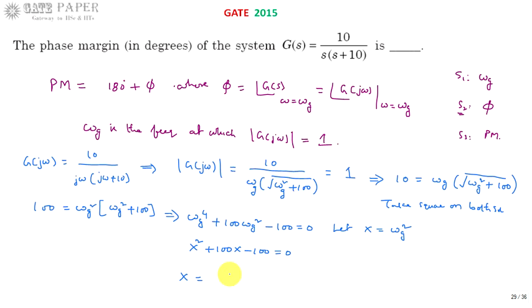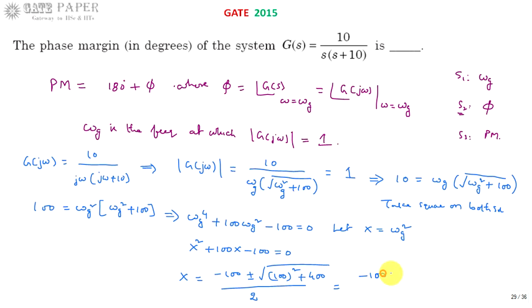Here x can be calculated using the standard form ax square plus bx plus c, where the roots are minus b plus or minus the square root of b square minus 4ac, divided by 2a. Minus b is minus 100. b square is 100 square, minus 4ac, where a is 1 and c is minus 100. Minus into minus becomes plus 400, divided by 2a, and a is 1, so 2a is 2.